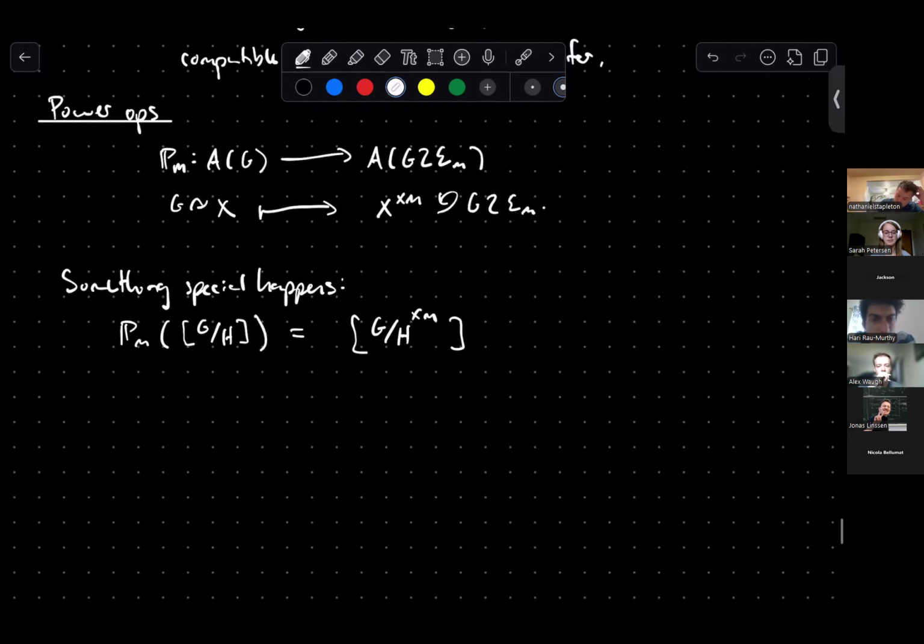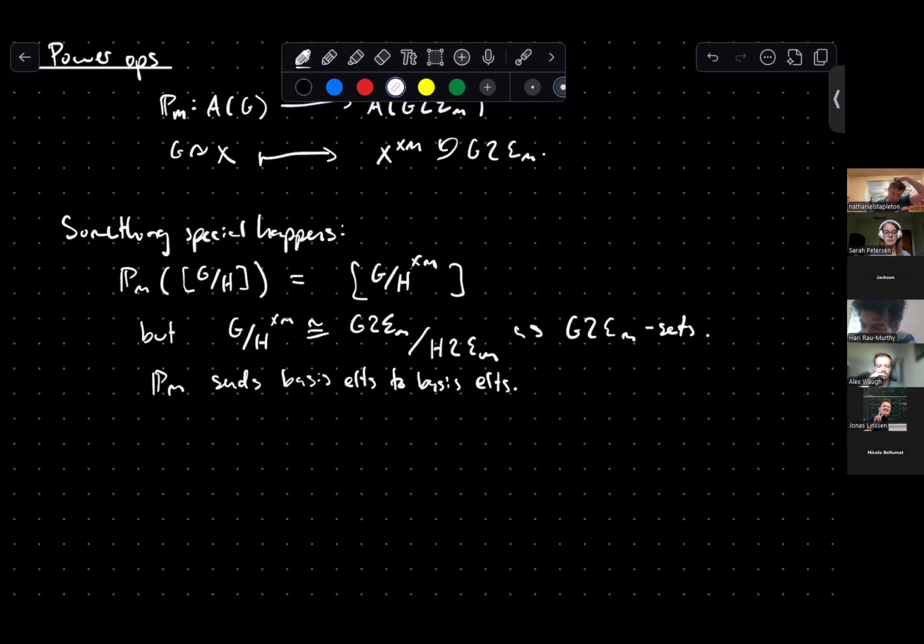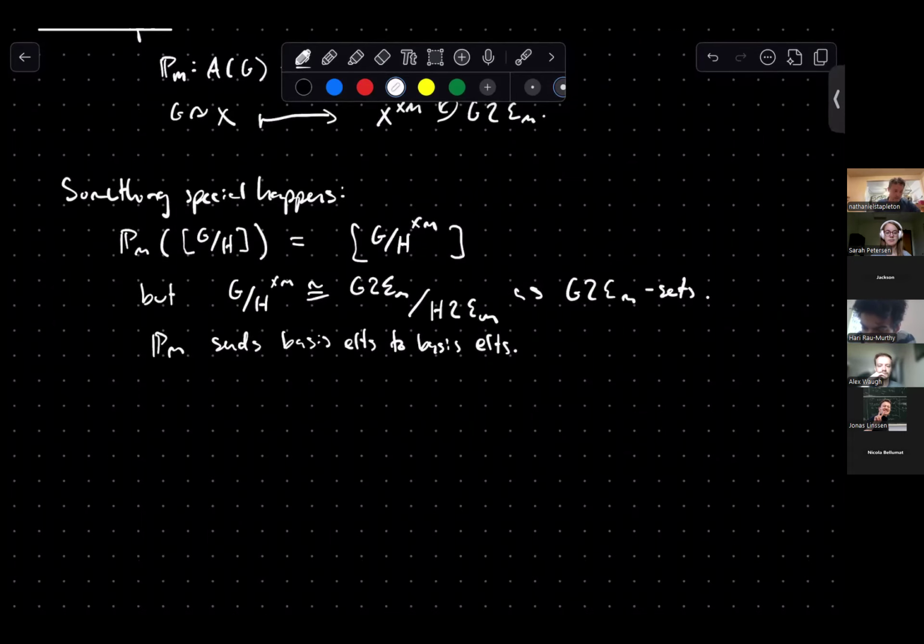But it turns out that G mod H to the M is isomorphic to G wreath sigma M mod H wreath sigma M as G wreath sigma M sets. And so the total power operation is sending basis elements to basis elements. And this gives you a lot of control over what's going on in this case.